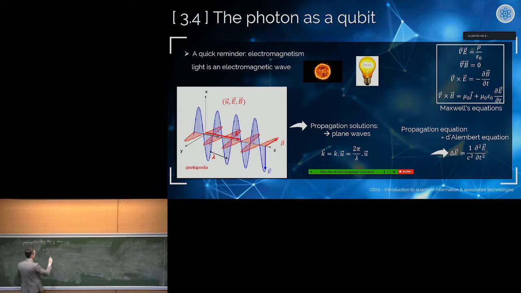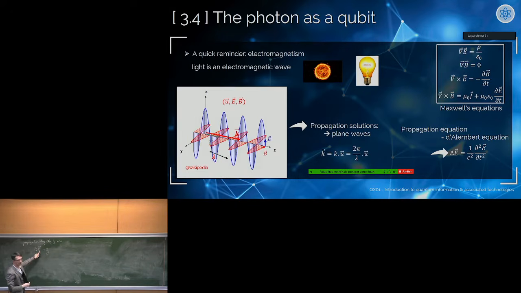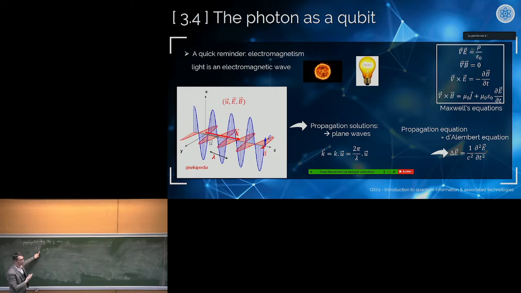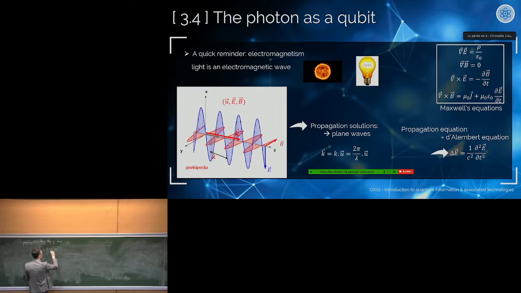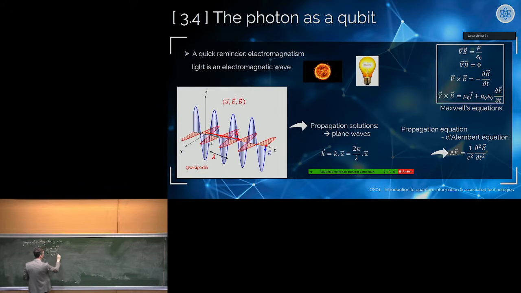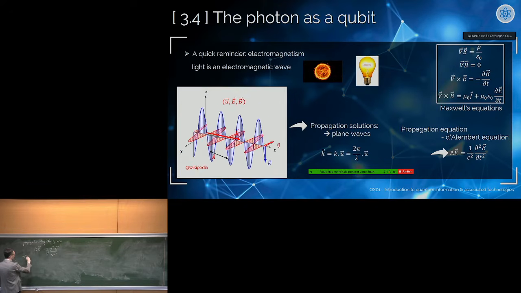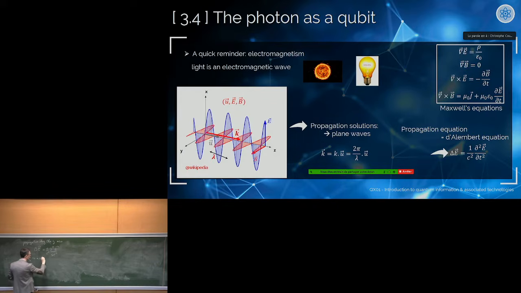So 1 over c squared, where c is the speed of light in vacuum. E is the electric field, but in this case, it covers the entire electromagnetic field. And then I have the second derivative in time of the electric field. And so a solution of this equation is a plane wave.